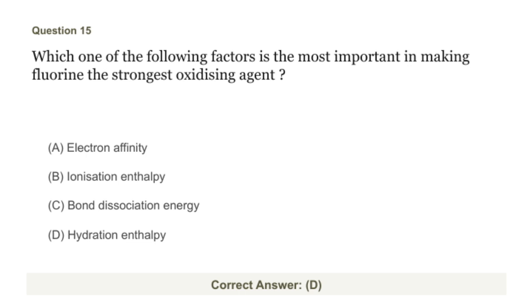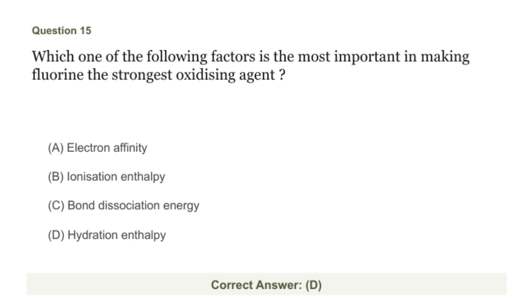This is key because, in the context of oxidizing agents, the ability to accept electrons efficiently is crucial. Fluorine's high hydration enthalpy effectively lowers the energy barrier for accepting electrons, making it an extremely powerful oxidizer.